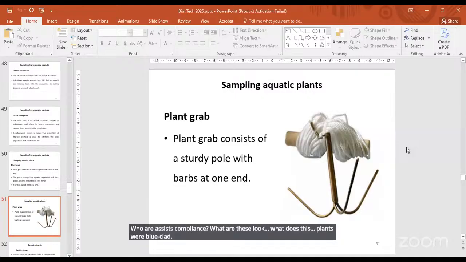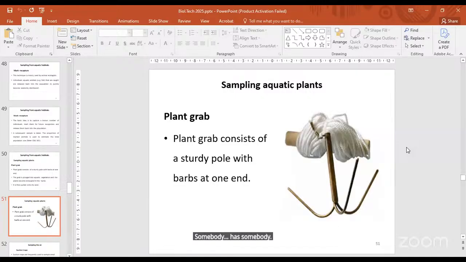Has anybody seen something like this? It looks like a fishing hook. Somebody talk. Let me ask you again. It looks like a hook. Hook.